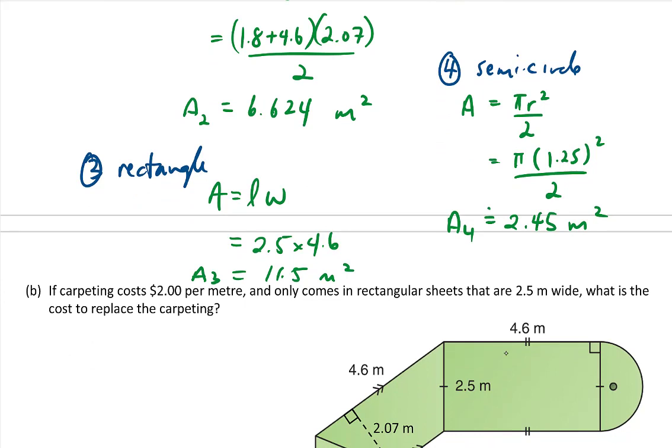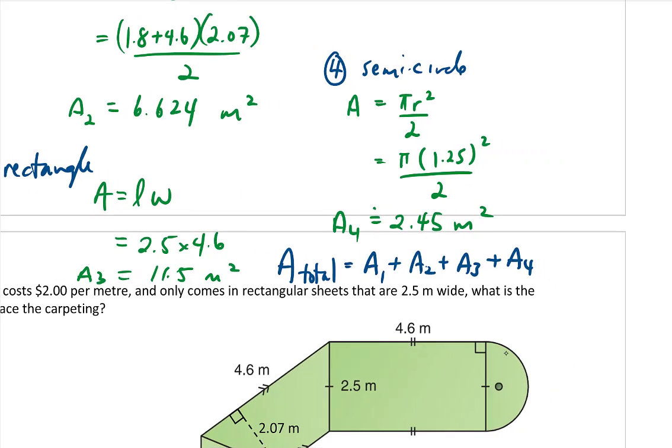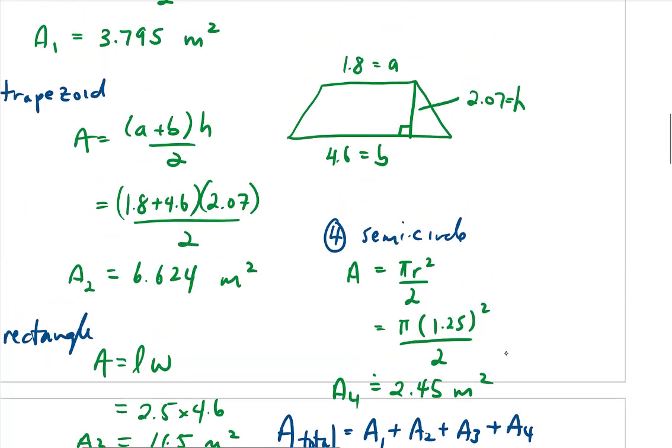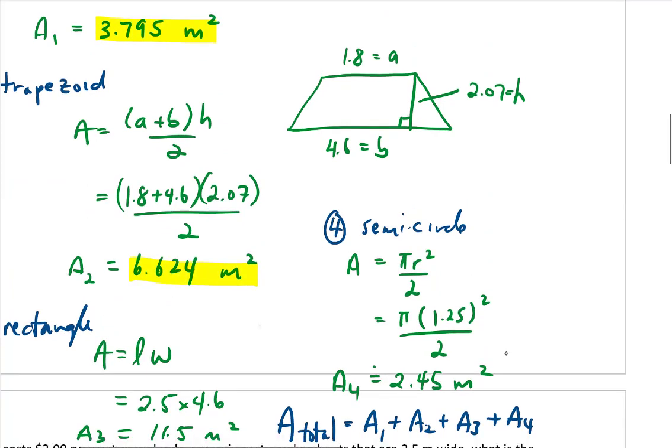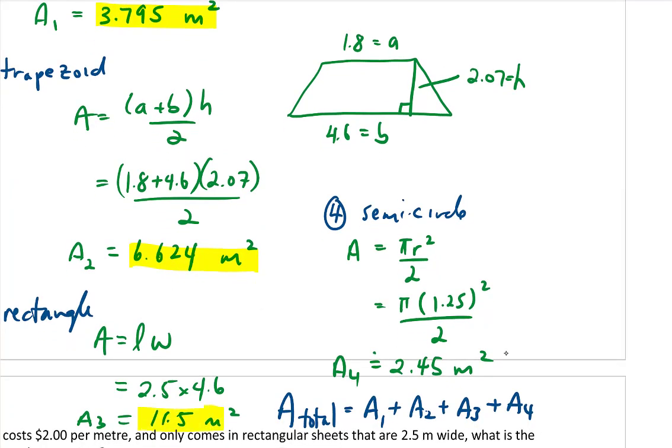So if we want the total area, we need to take the area of 1 plus the area of 2 plus the area of region 3 plus the area of section 4. And we need to add these all up. So we need to go back up to the top here. We have 1, 2, 3, and 4.